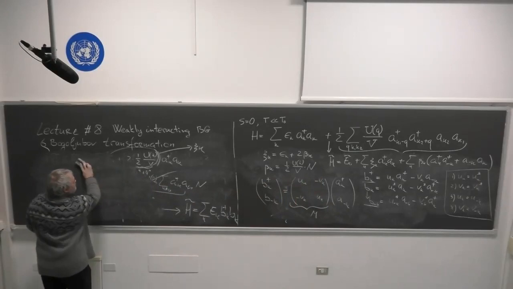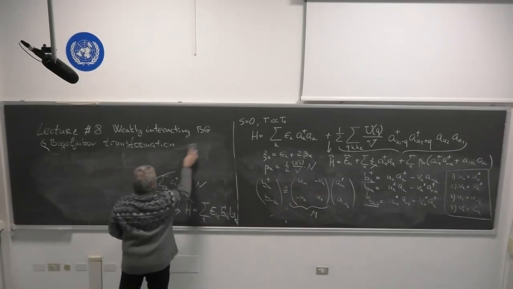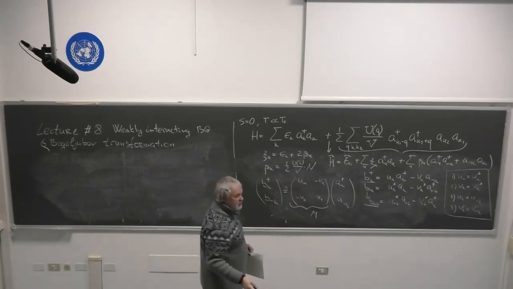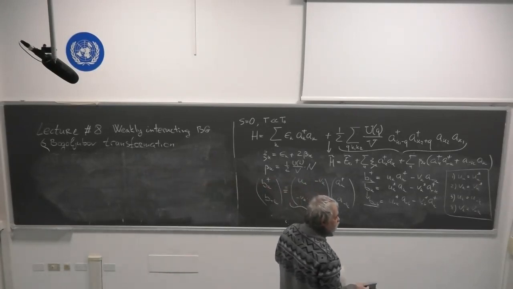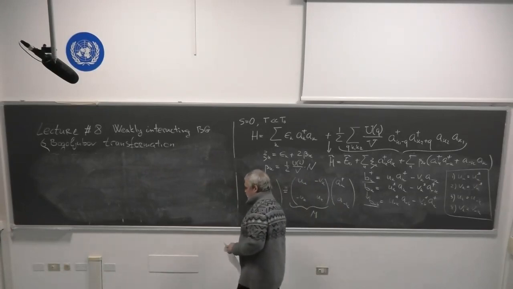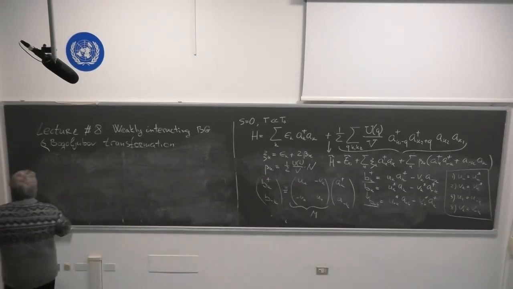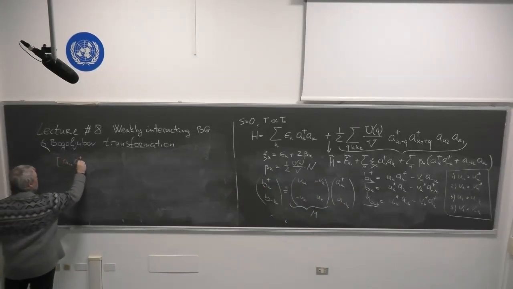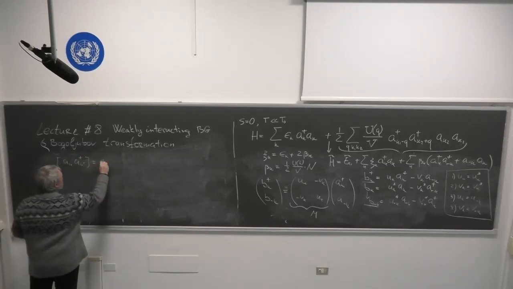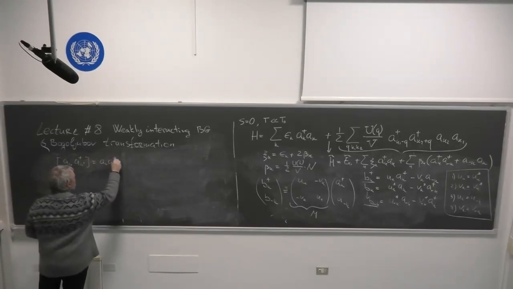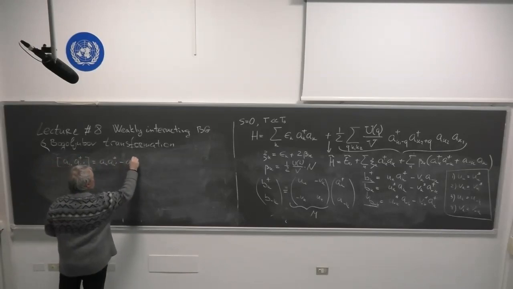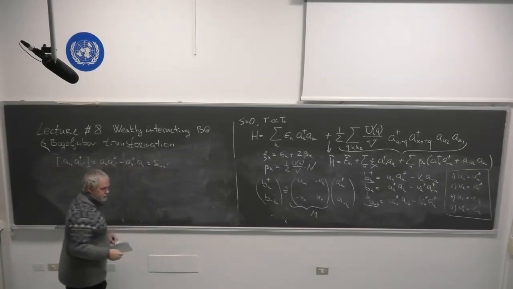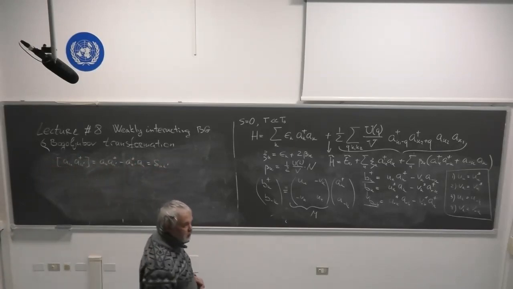Now the second important step. I know that my operator A satisfies bosonic commutation relations. Namely, the commutator of A k and A k prime dagger, which is A k A k prime dagger minus A k prime dagger A k, is equal to delta k k prime. So these operators commute.